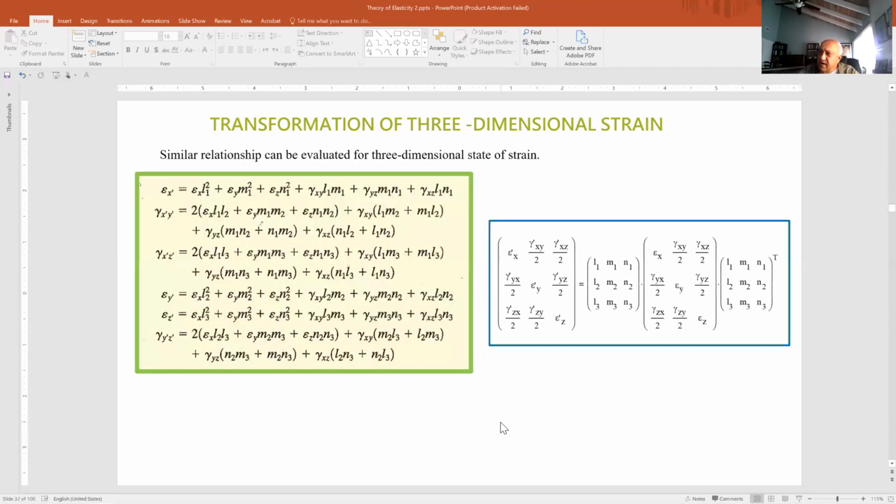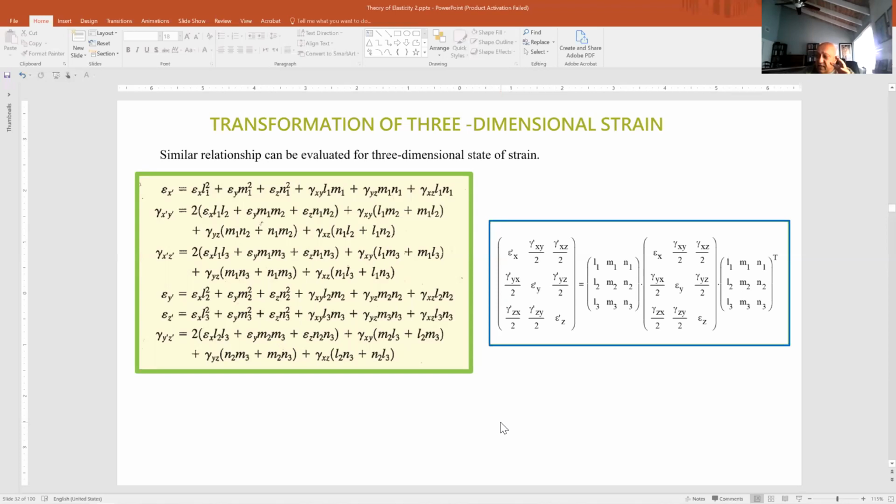A similar relationship can be defined for the three-dimensional case, and we have shown that for the stresses. The transformation matrix has components L1, M1, N1, and L2, M2, N2, and so forth.